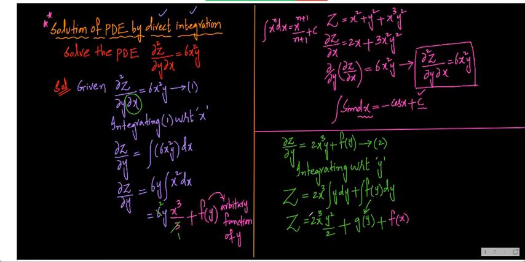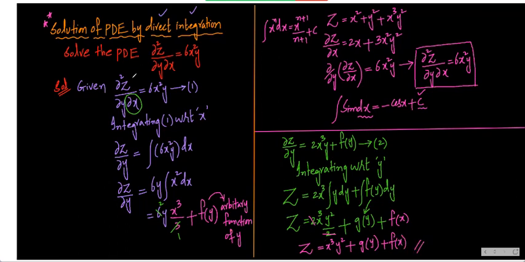So if you cancel this 2 and this 2, finally our answer is z is equal to x cube y square plus g of y plus f of x. So this is your answer.